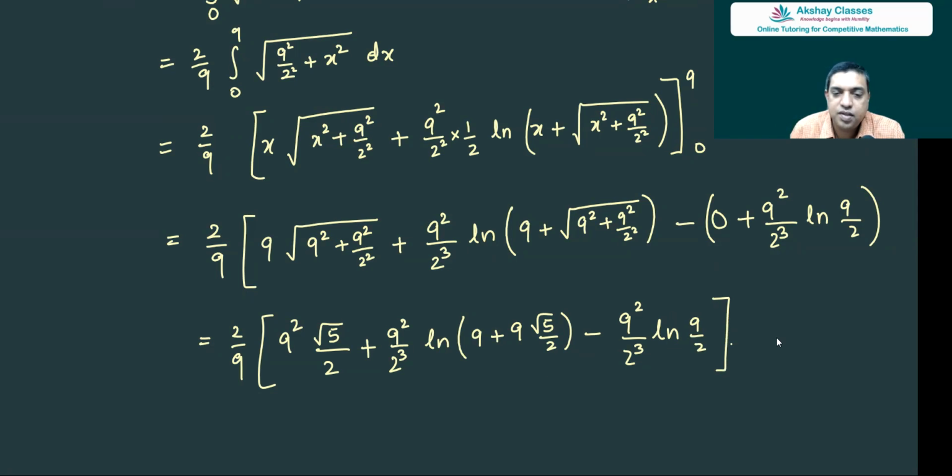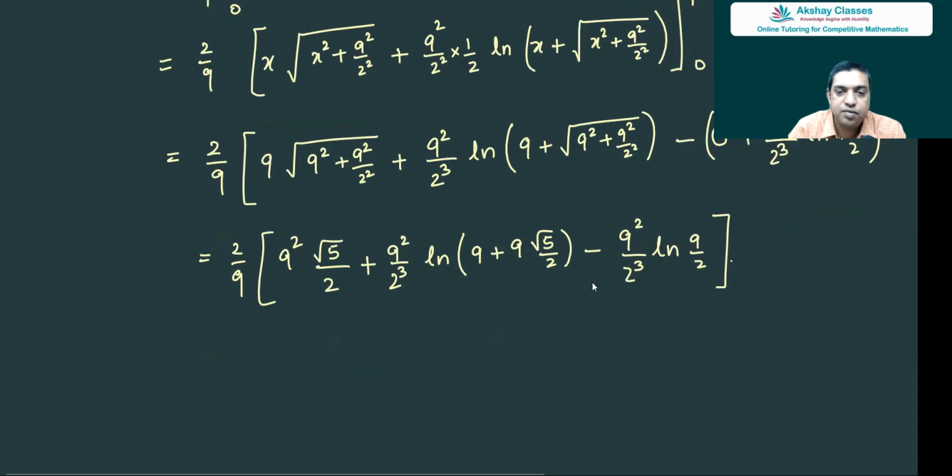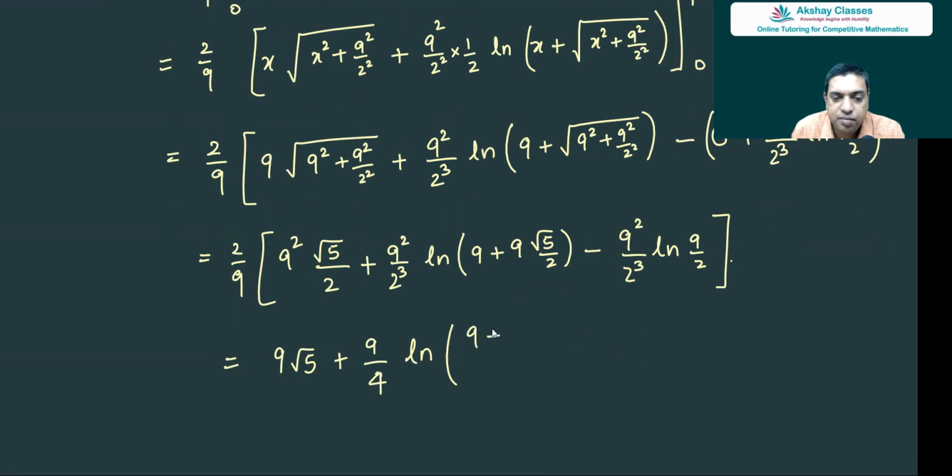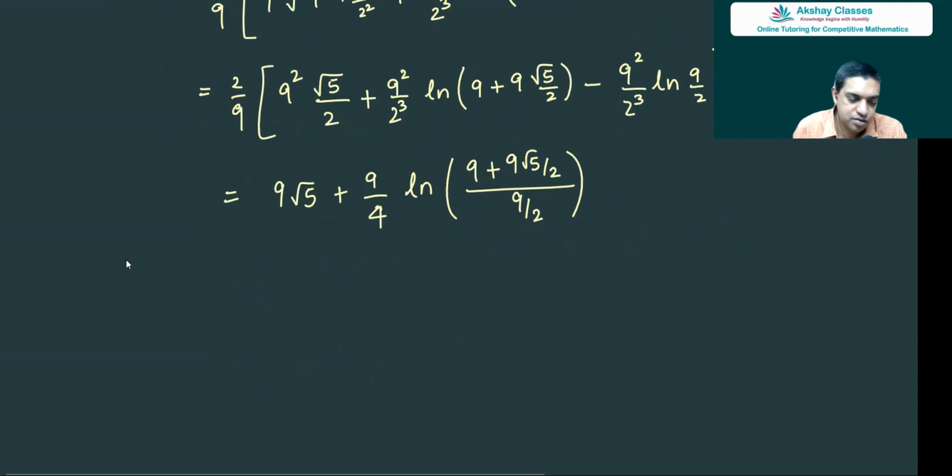Okay. So let's simplify now. Multiply by 2 by 9 inside. So we get 9 root 5 plus 1, 9 cancels here, divided by 2 square, 4, times log 9 plus 9 root 5 by 2 upon 9 by 2.